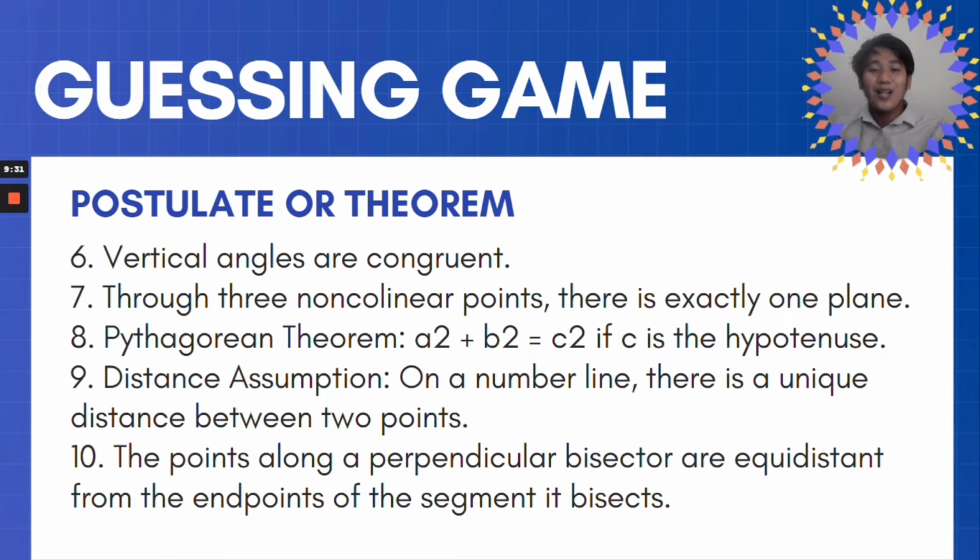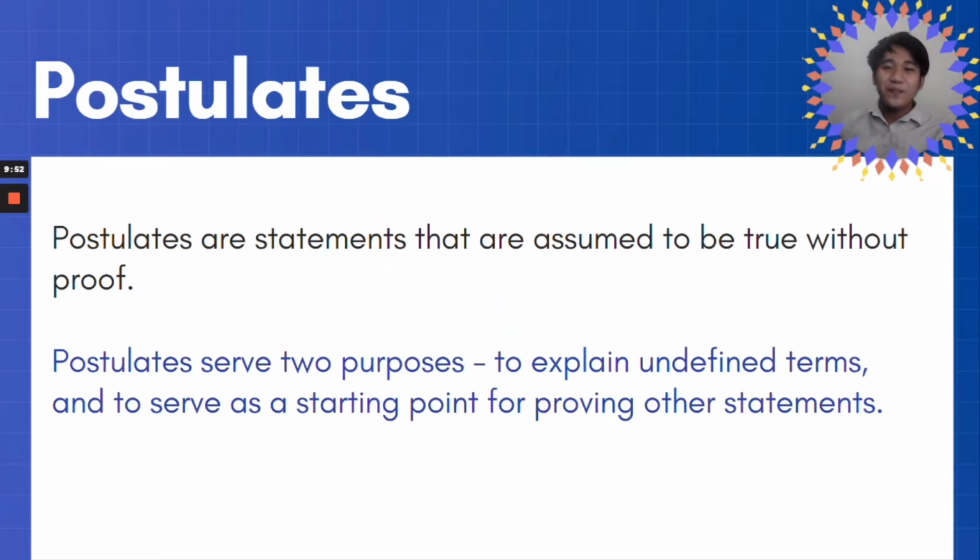The points along a perpendicular bisector are equidistant from the endpoints of the segment it bisects. So all these 10 statements can be postulate or theorem. So make a good guess, class. You will get 2 additional performance points.